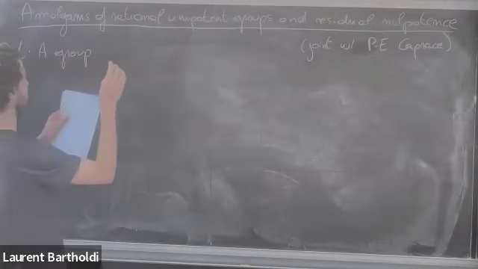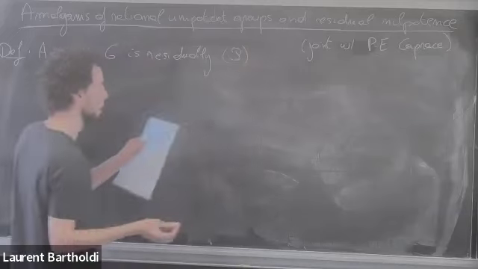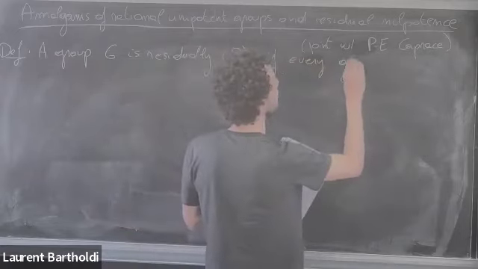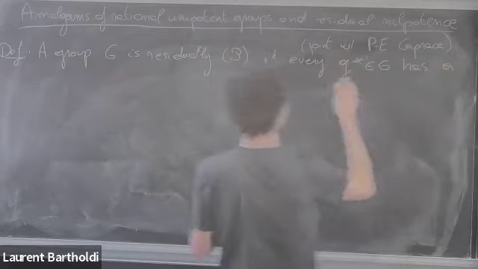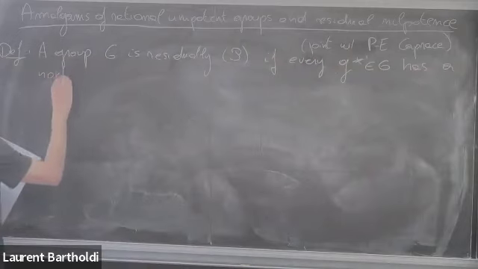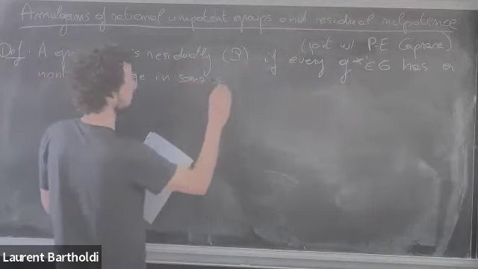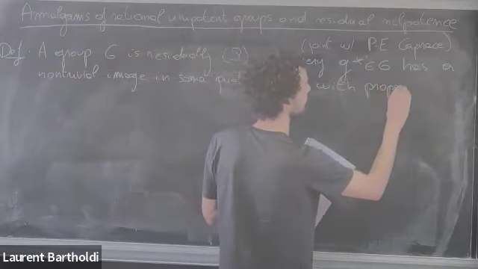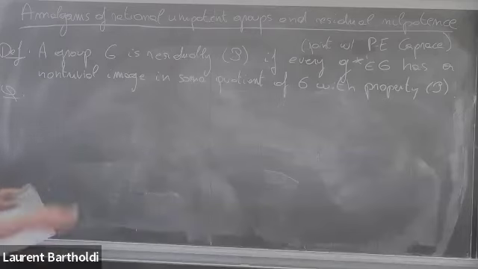So given a property P of groups, the group G is called residually P, like residually finite or residually nilpotent, if every non-trivial element of your group survives in a quotient of that group that has property P. So every non-trivial element has a non-trivial image in some quotient of G with property P. And a standard question concerning residual properties of groups is the following.